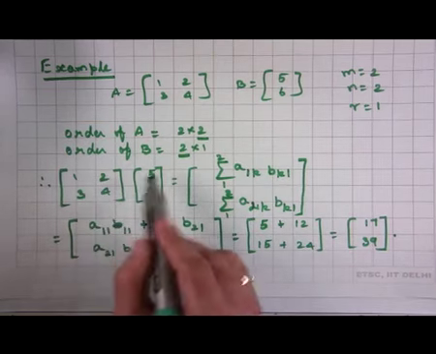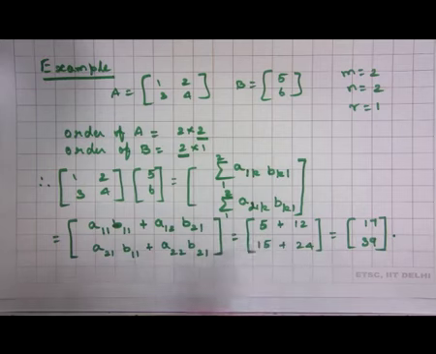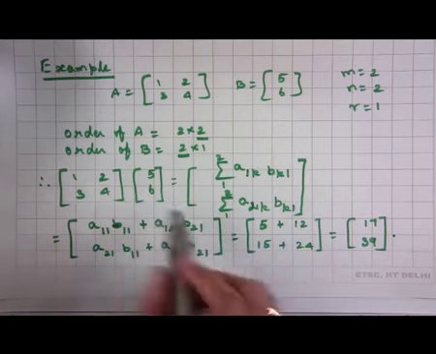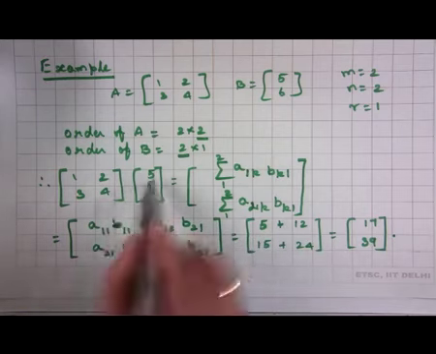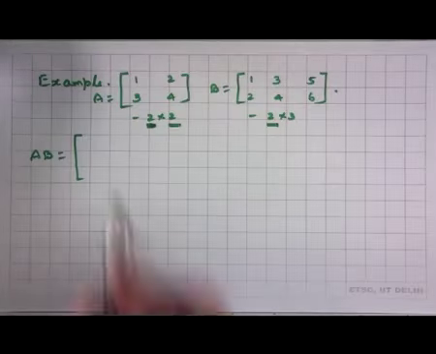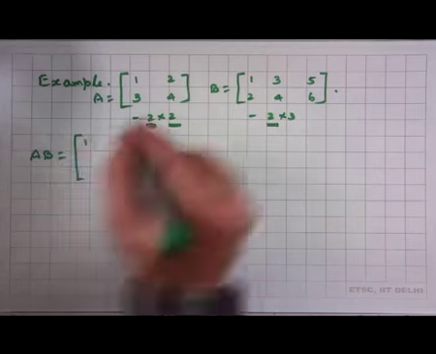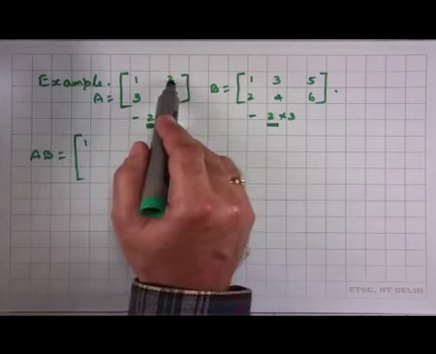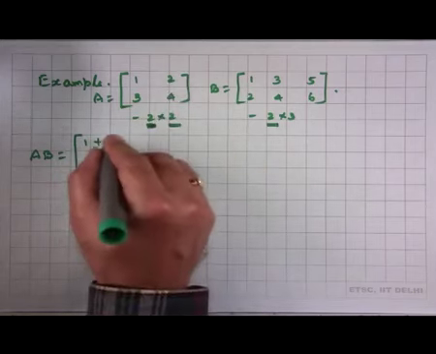So, first entry 1 with 5 and 2 with 6, that is what you have done, right, 1 with 5 and 2 with 6, 3 with 5 and 4 with 6. Let us do the same thing. So, 1 times 1 plus 2 times 2, which is 5.